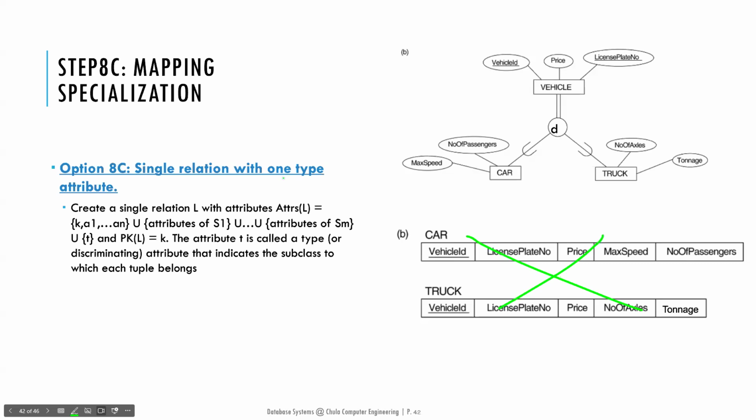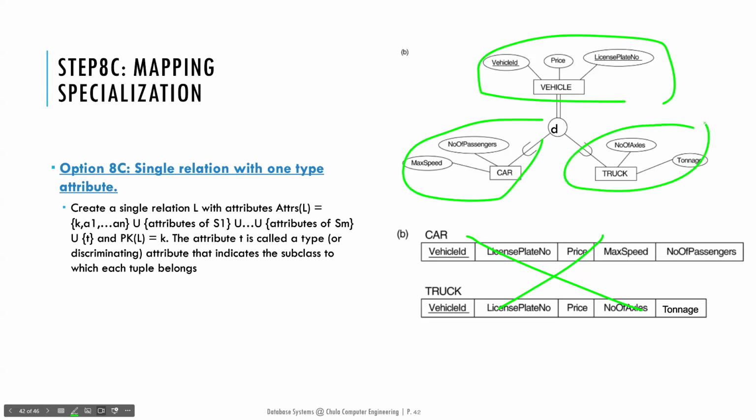So single relation with one type attribute means that we need to create a single relation, just one relation, with attributes. The attributes would come from every attribute union together. So it'll be attributes from superclass, attributes from subclass, all come together.